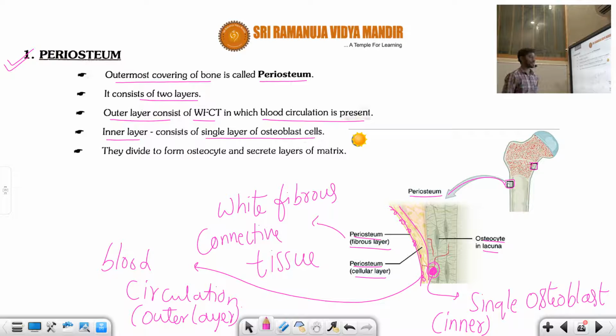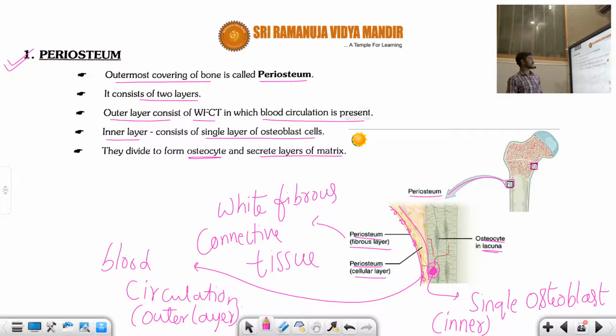Once you know the concept of the osteoblast, the osteoblast divides continuously to form osteocytes. Where is the osteocyte present? In a space called the lacuna. And the osteocyte secretes a layer of matrix. Hope you understand this point, student.